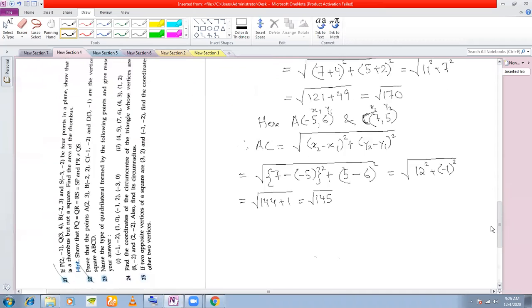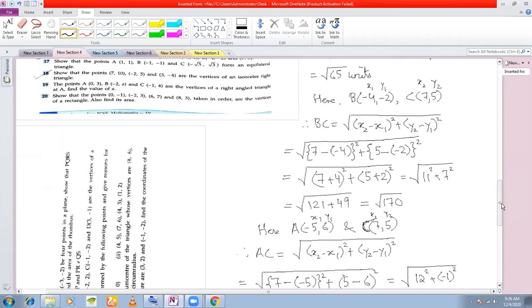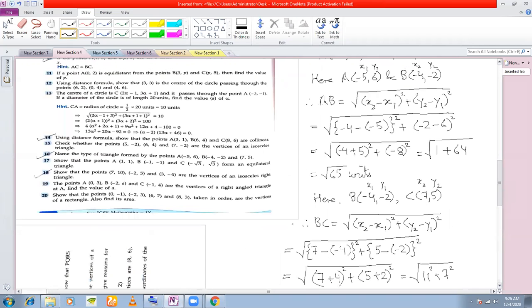Yes, so let us write the lengths here. AB we have got as square root 65 units.